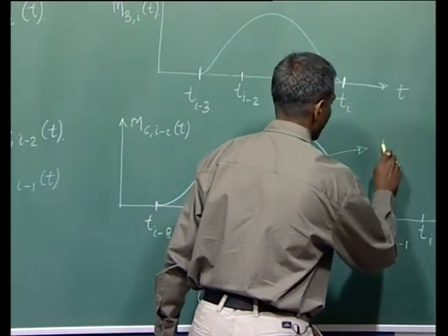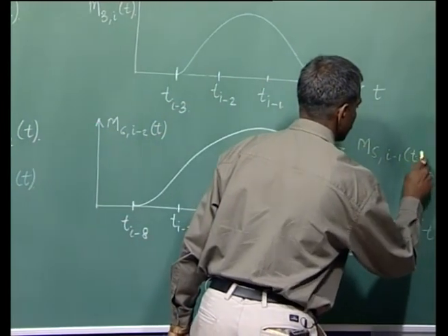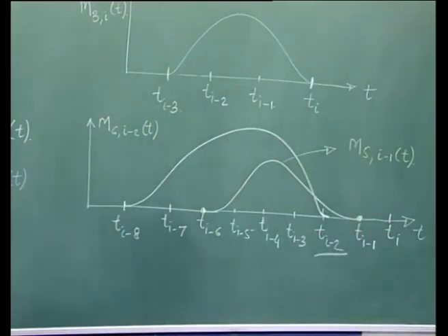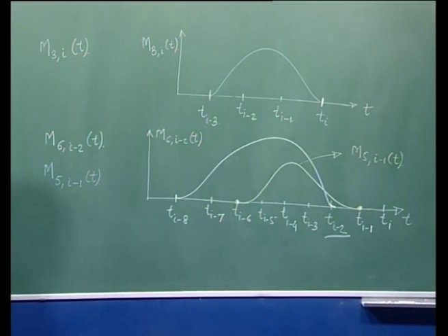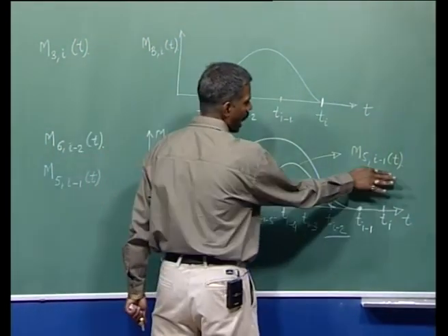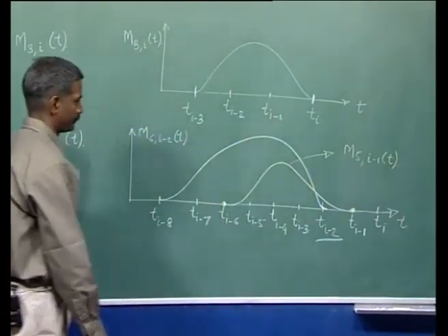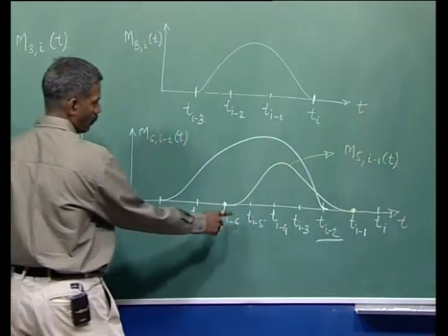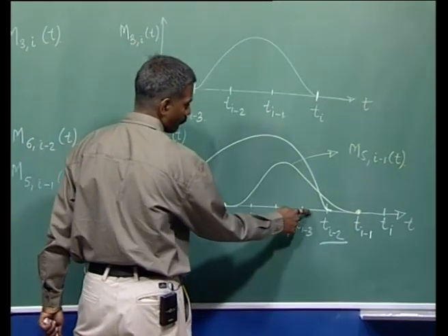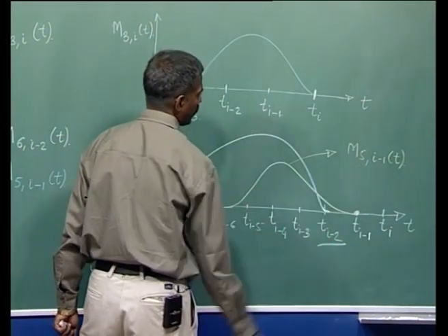This is M_5,(i-1) of t. 10 marks for guessing this. Over how many knot spans will this function stand? 1, 2, 3, 4, and 5. The order of the B-spline basis function.